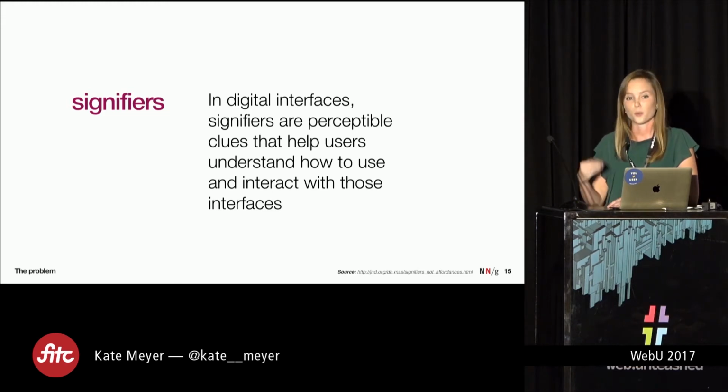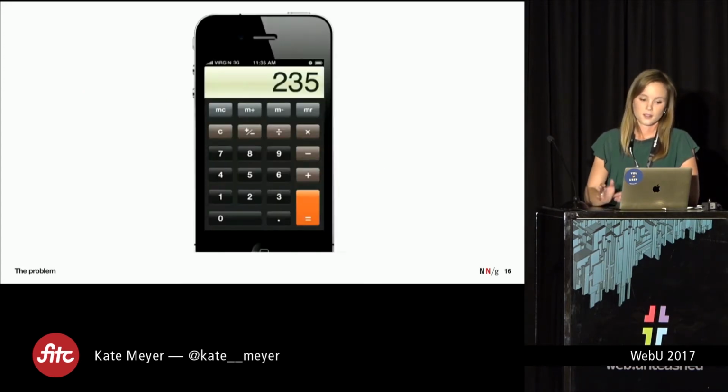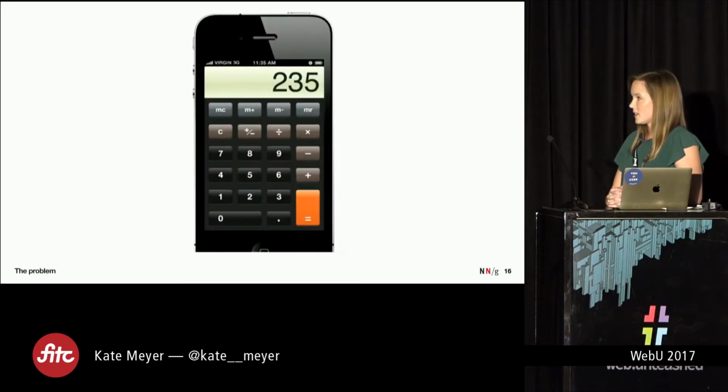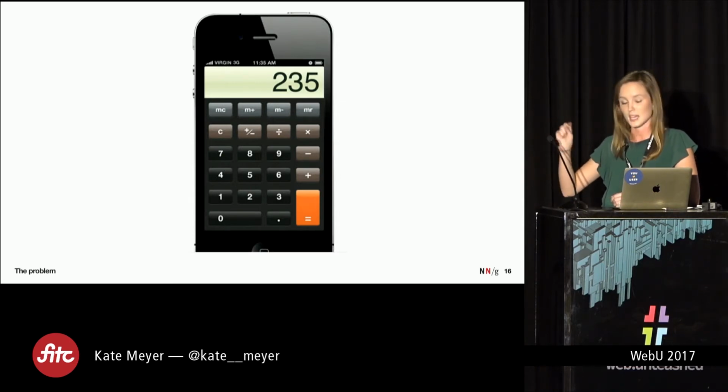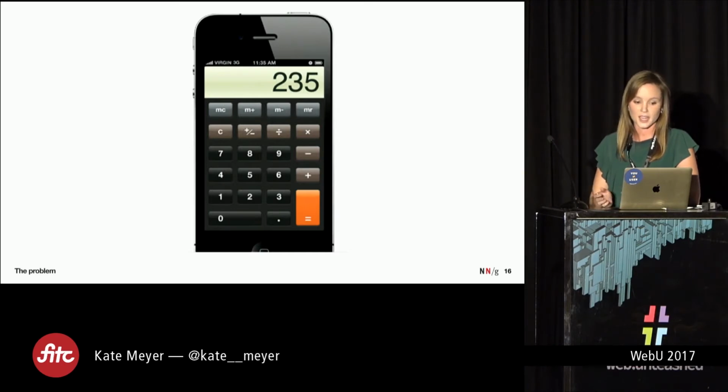Your signifiers are the ways that you communicate to your users that they can take these actions. So if we return to that skeuomorphic iOS calculator, you can see with these buttons, the reason that they look raised, the reason why they look 3D, is to give the impression that they can be pushed down, that they can be tapped or clicked. So that's a very strong traditional signifier.